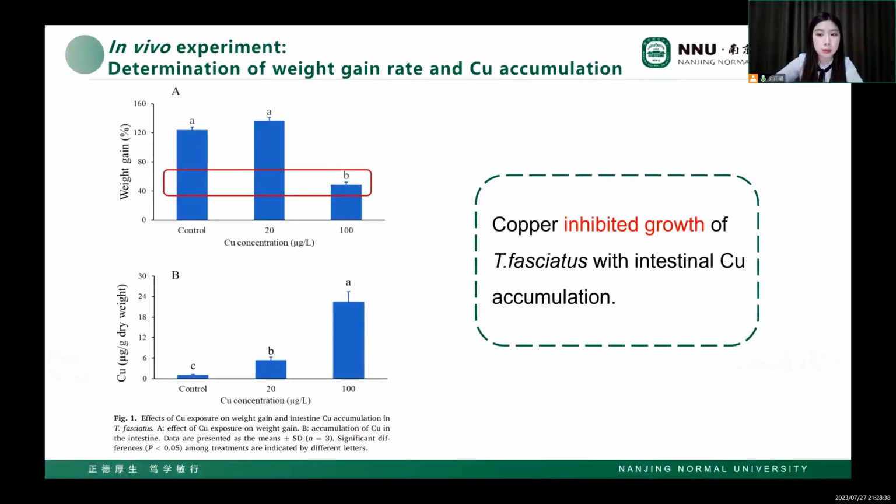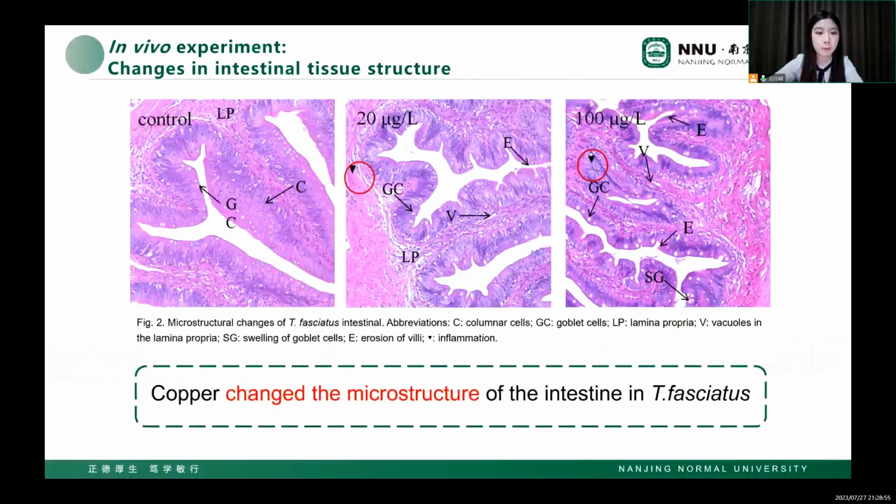Additionally, the accumulation of copper in the intestine of T. fasciatus increased with increasing copper concentration. So we can infer that copper can inhibit the growth of T. fasciatus with intestinal copper accumulation.